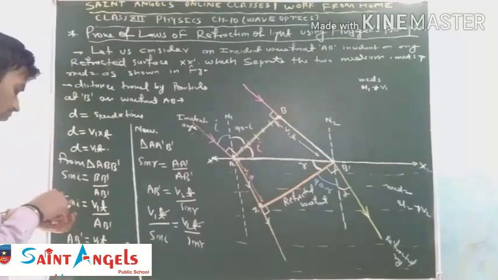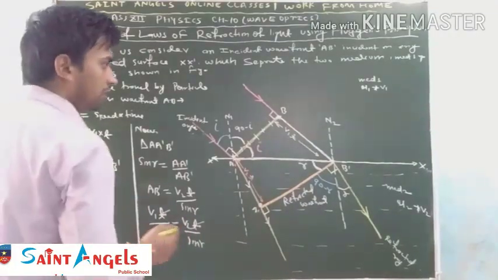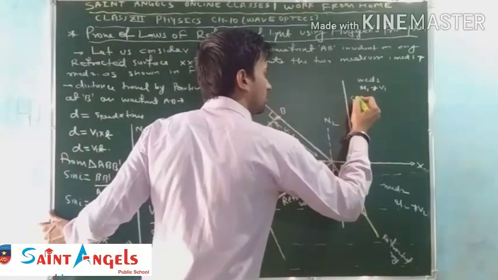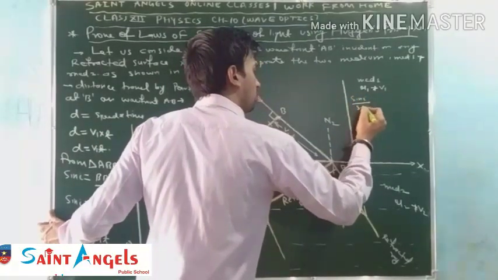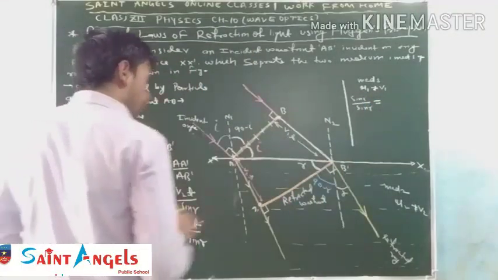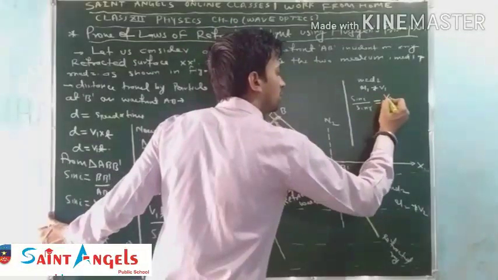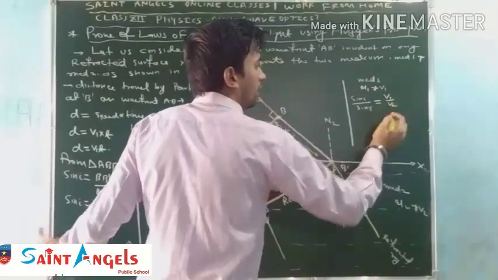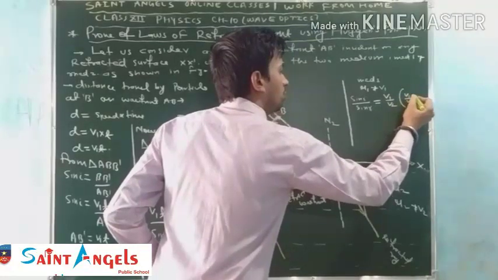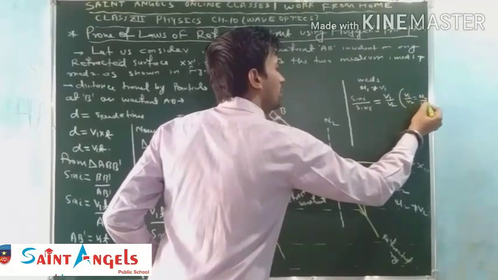Here t and t cancel, we get sin I upon sin r equal to v1 upon v2, and we know that v1 upon v2 equals mu2 upon mu1.